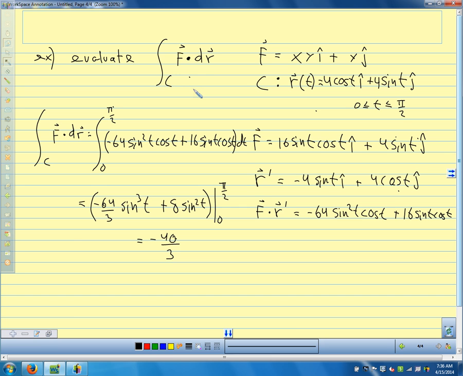All right, let's look at one last example. Just another example calculating a line integral on a vector field.